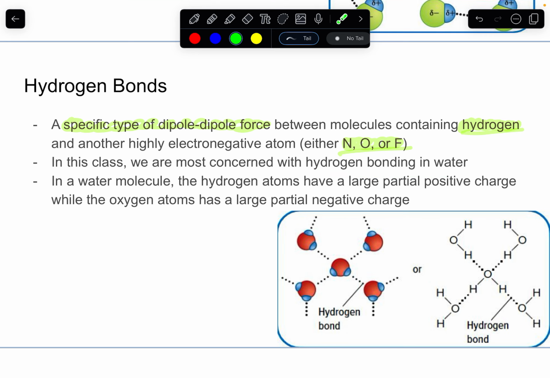Down here, we have an example of several water molecules near each other. Notice since hydrogen is much less electronegative than oxygen, hydrogen ends up with a partial positive charge. The oxygen is much more electronegative, so it ends up with a partial negative charge.